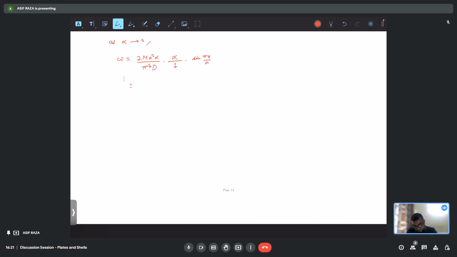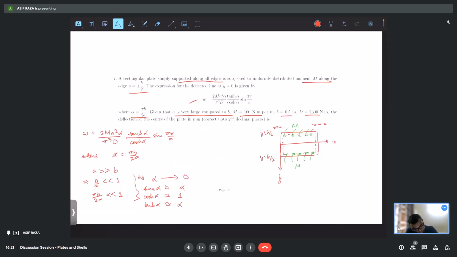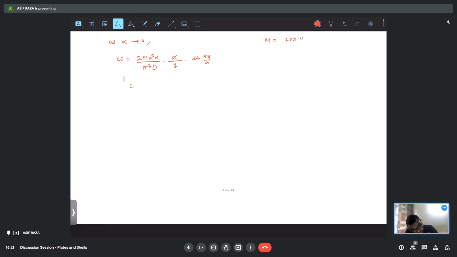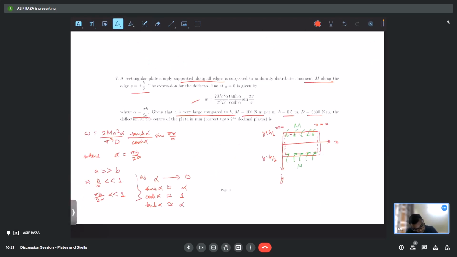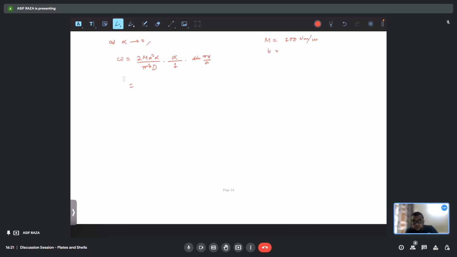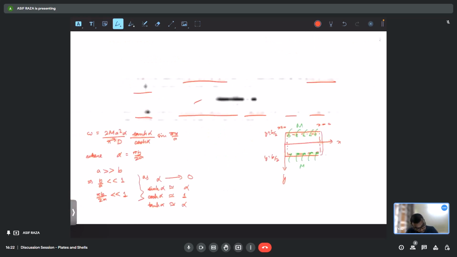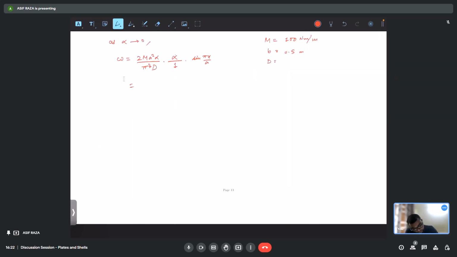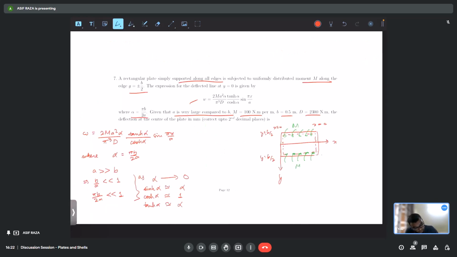So we are given the value of m as 100 Newton meter per meter, a value, b value, and d equal to 300 Newton meter.